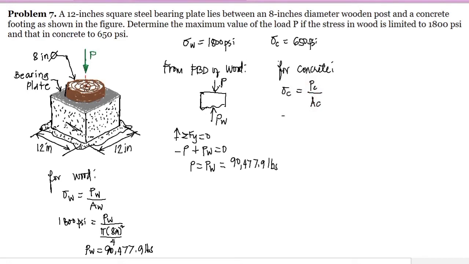So we have here the stress in concrete, which is limited to 650 psi. That is equal to the force resisted by the concrete over the area of the concrete. We have 12 inches times 12 inches. So that's 144, or equal to 12 inches square.